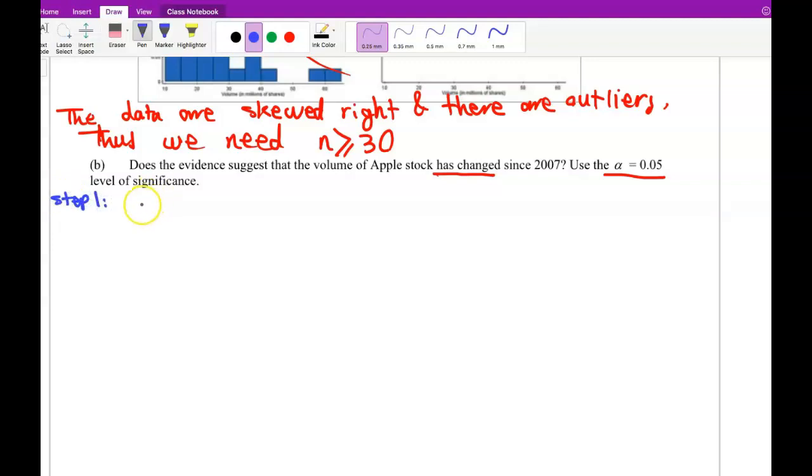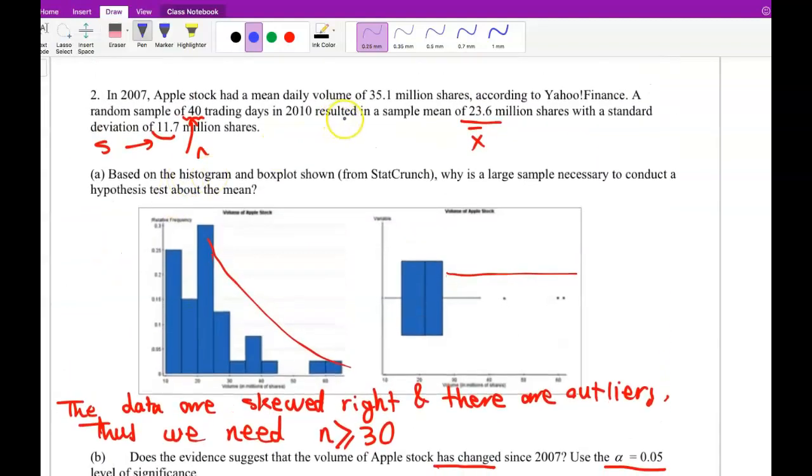So first, what I have here is the null and alternative. For the null, our mean is equal to 35.1.